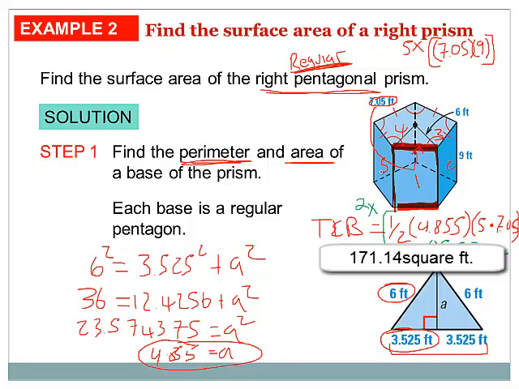So I have to account for every single one of those lateral faces. So I will do 5 times 7.05 times 9. That gives me 317.25 feet squared. Now this is the lateral area, LA.